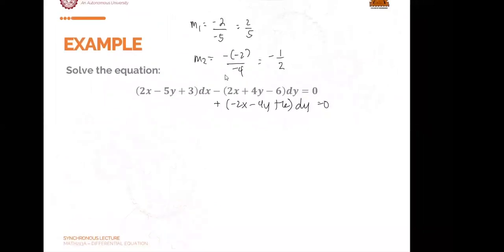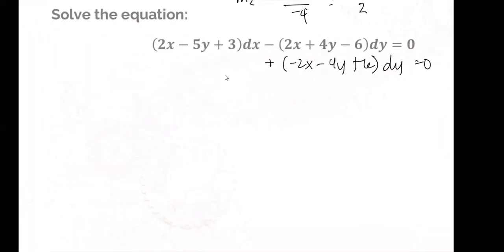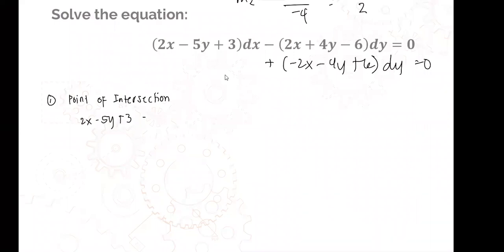Okay? So first natin is yung point of intersection natin. So point of intersection, so 2x minus 5y plus 3, okay, is equals to 0. Then yung second natin is negative 2x minus 4y plus 6 is equals to 0.